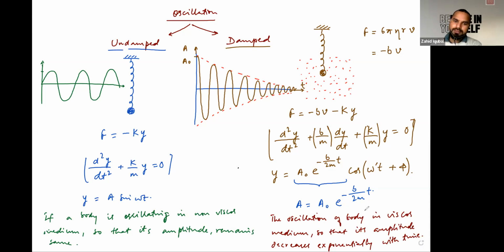Now, from this last part, amplitude, you will be asked to calculate the time taken to change its amplitude from one point to another. So how to calculate time for changing amplitude? According to the expression, A is equal to A naught e to the power minus b by 2m into t.